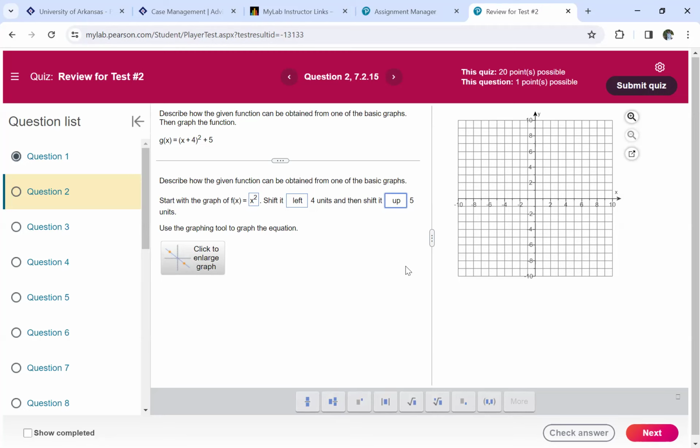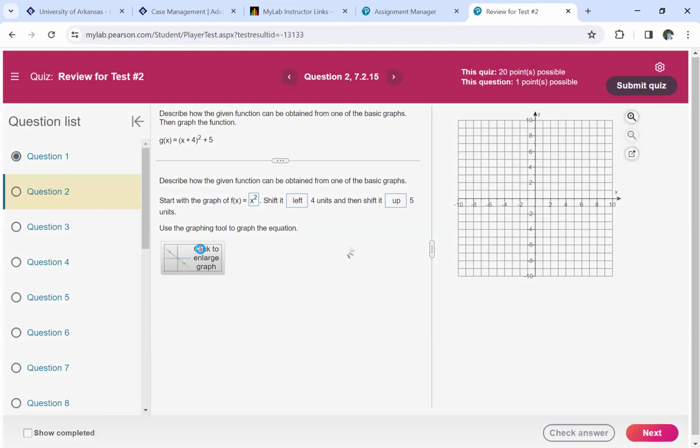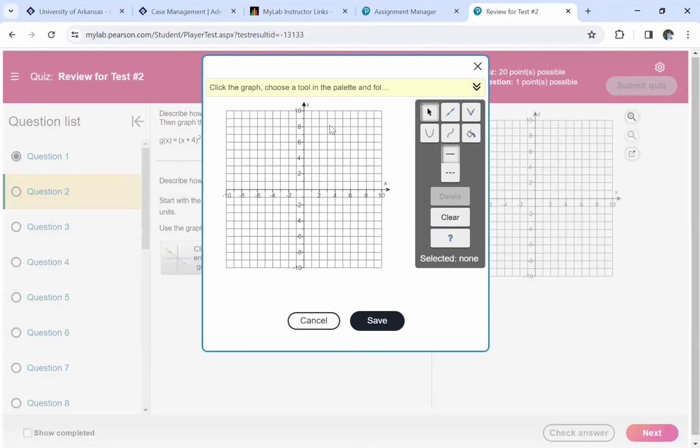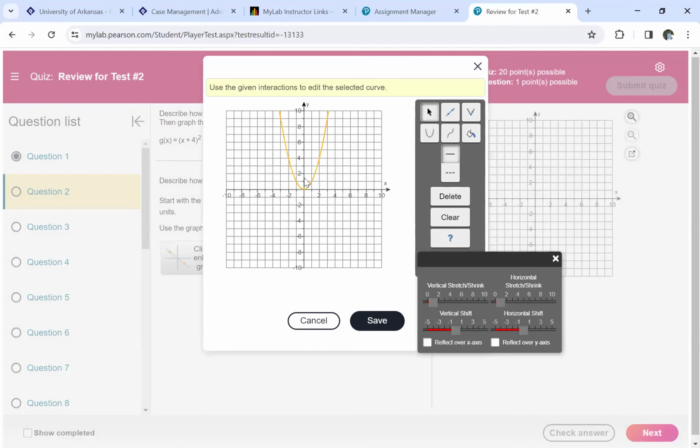So remember, since that's the x squared graph, it's going to look like a parabola. So when we graph this, we're going to grab the parabola or the x squared tool, and then you click anywhere on the graph. It'll always put it in the center. Now to move it, we're going to use the vertical shift and the horizontal shift buttons.